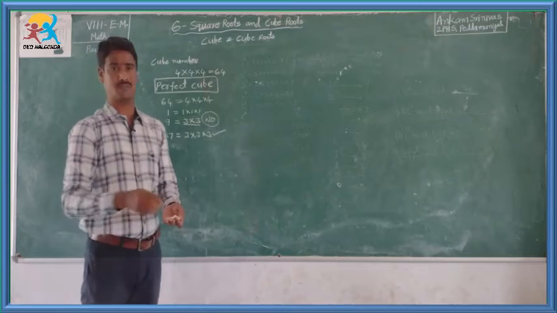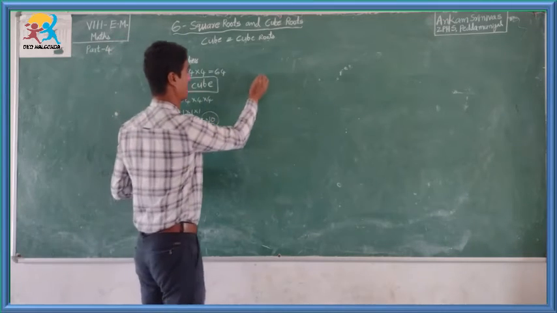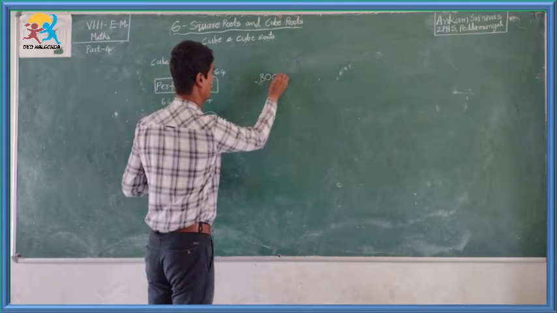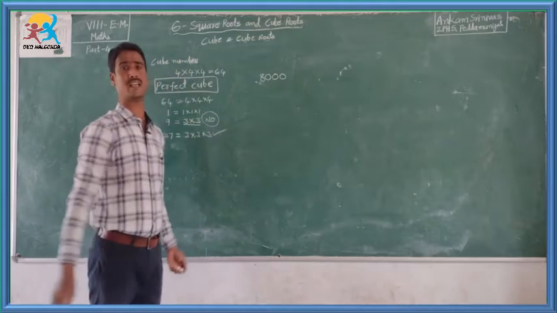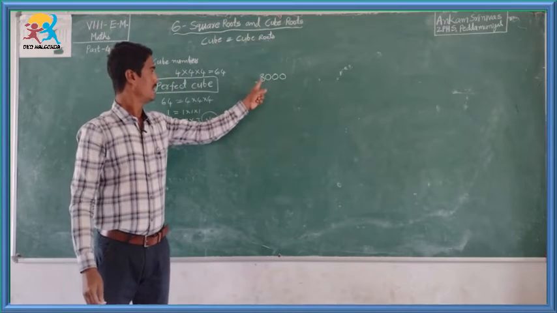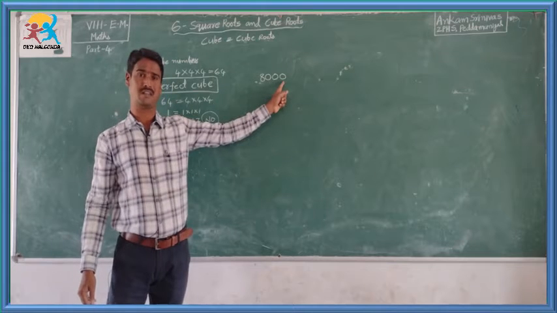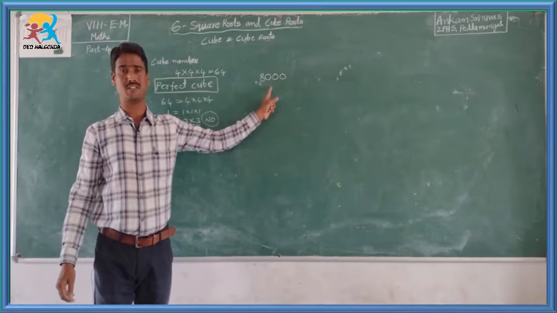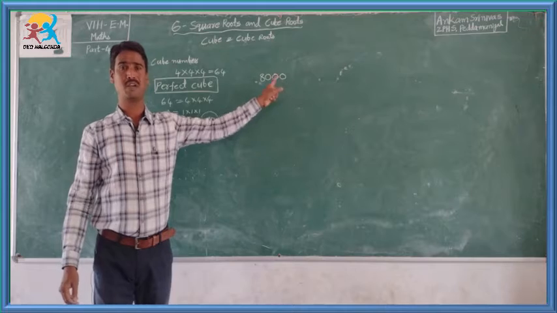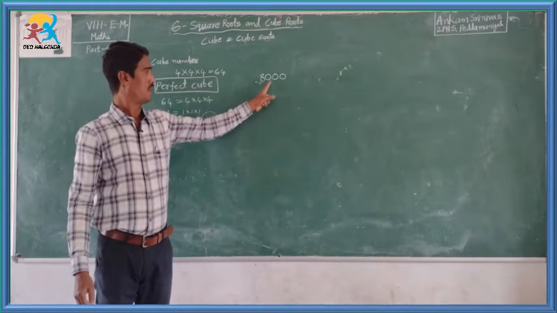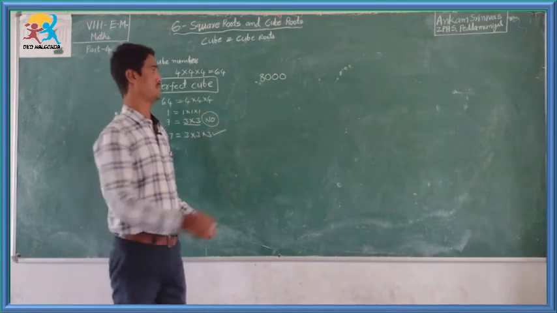I am going to take one number here, 8000. Check whether 8000 is a perfect cube or not. To check whether 8000 is a perfect cube or not, we have to write it as a product of factors.